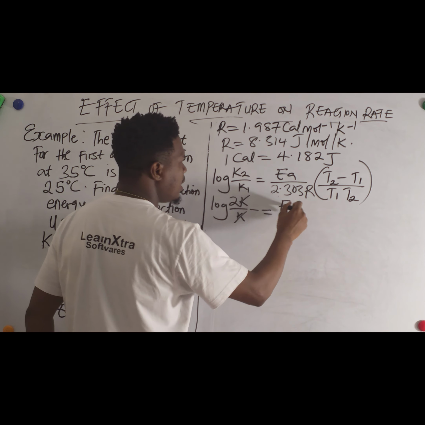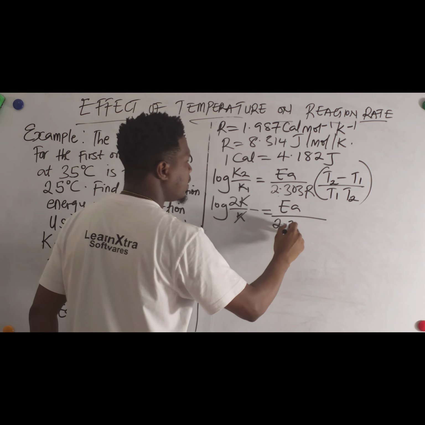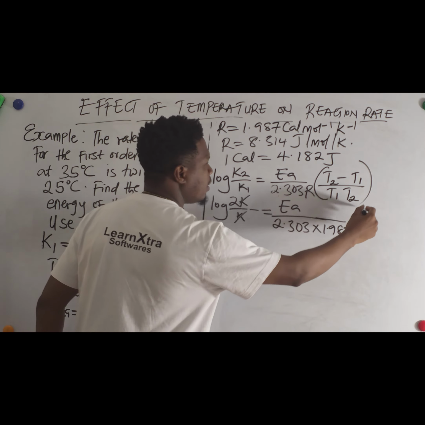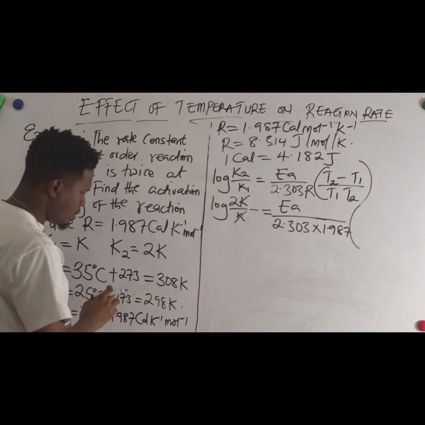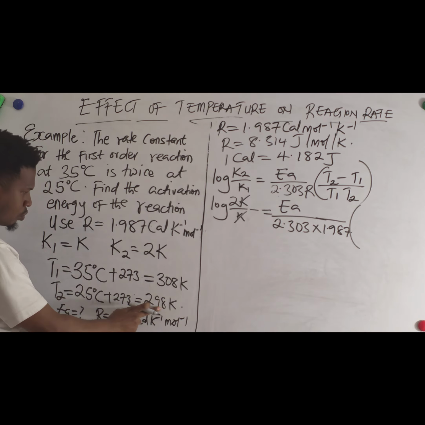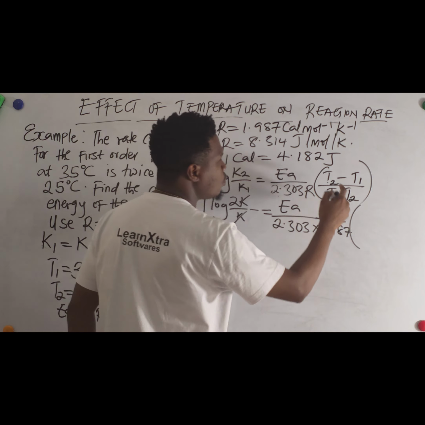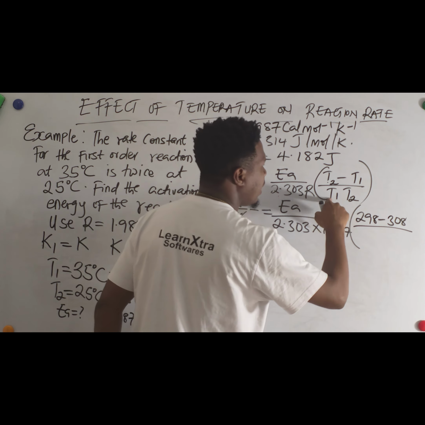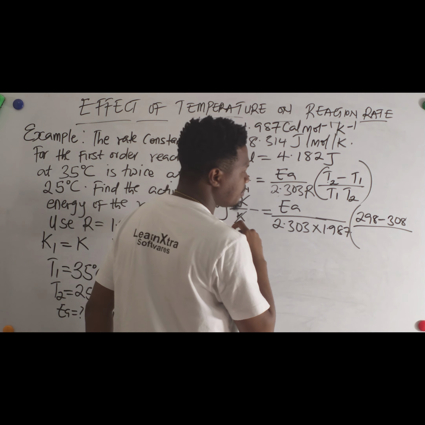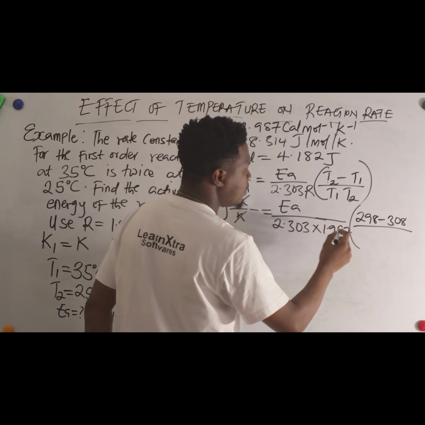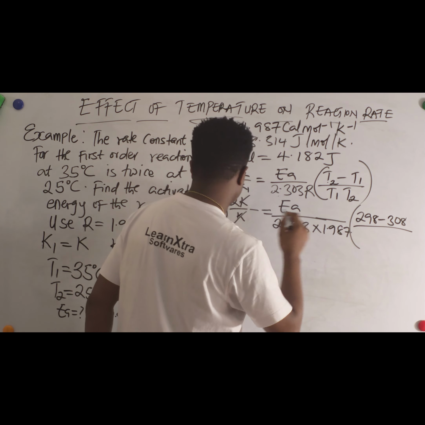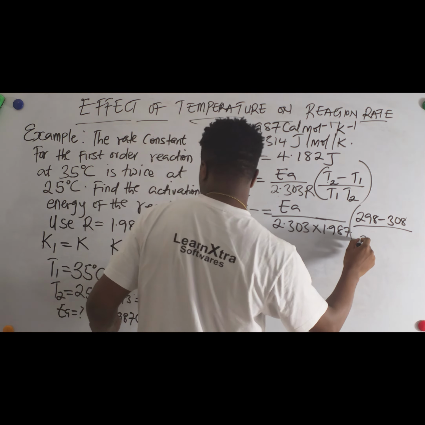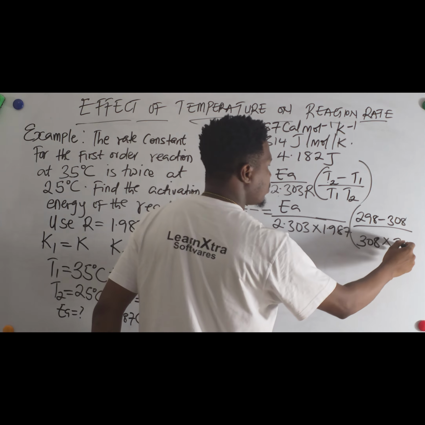So we have EA all over 2.303 times 1.987, into T2, which is 298, minus T1, which is 308, all over T1 times T2, which is 308 times 298.